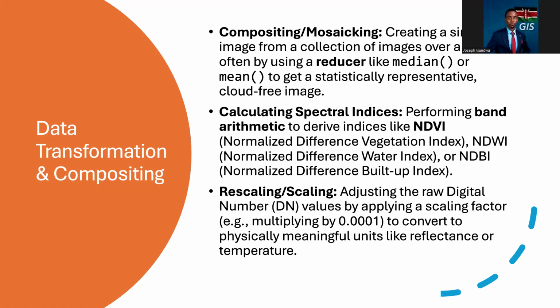Another thing is rescaling and scaling. This is just adjusting the raw digital numbers or values by applying a scaling factor, for example, multiplying by 100 or dividing by 100. This applies in most areas.